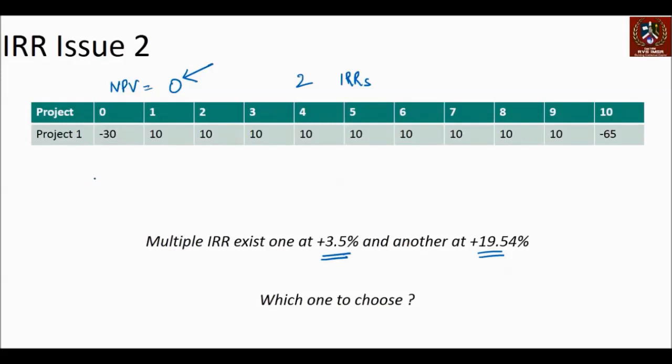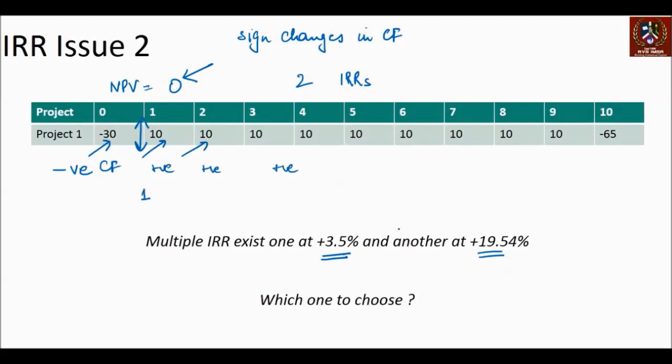As a rule of thumb, you look for sign changes in cash flows, right? In usual conventional cash flows, there is a negative cash flow, and then there are positive cash flows, positive cash flows, positive cash flows. Here there is a negative cash flow and you start having positive cash flows. So this is one sign change, that's sign change 1.